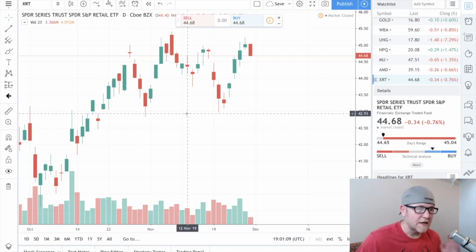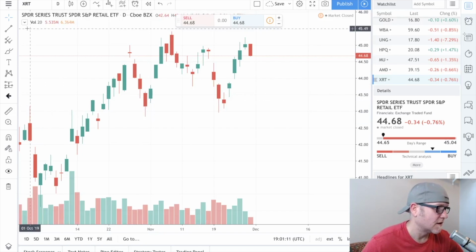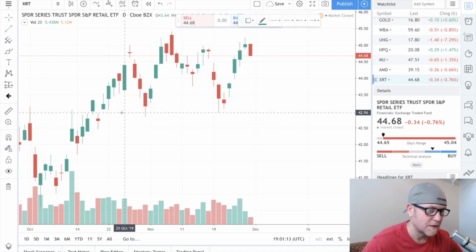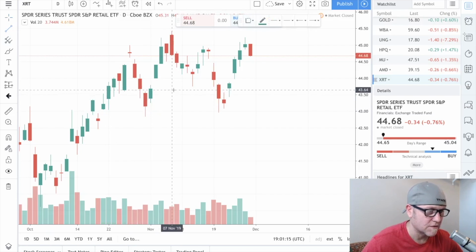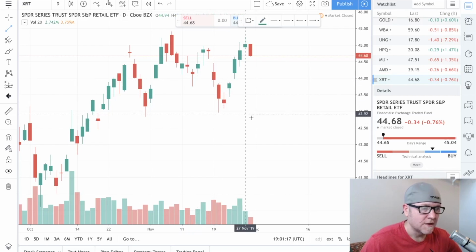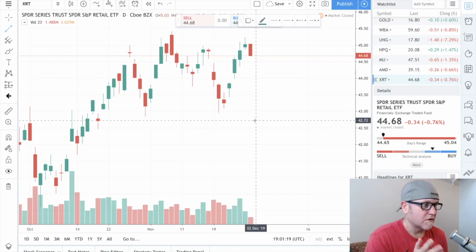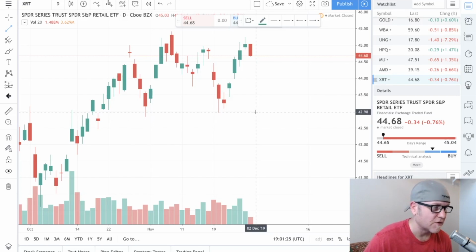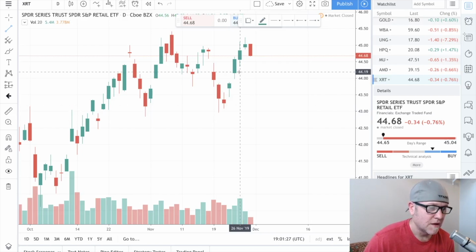So what is a credit spread? Like I said, I don't do any charting, so I'm going to try to help you guys with some visuals here. Okay, let's just say we want to put a bet on XRT here. We're going to pick the price we're going to use here.